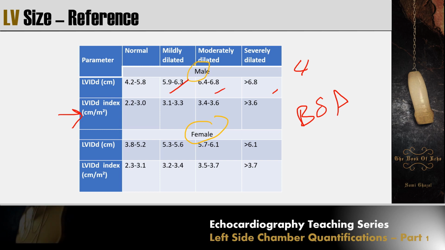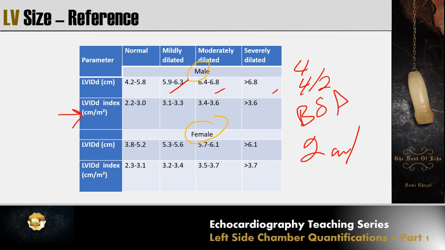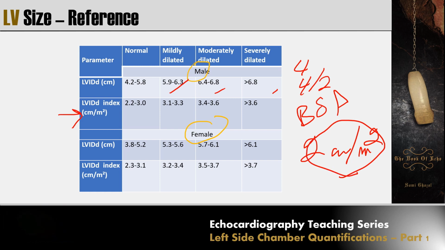So the indexed LVIDD is 4 over 2. It is 2 centimeters, or 2 over meter square if it is in centimeters. So this is the indexed size. And then we decide if it is dilated or not.